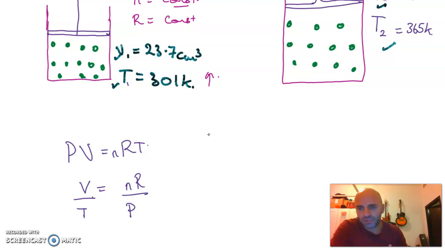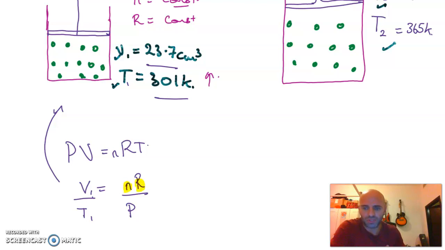Now, if we think about the situation, then in the picture on the left-hand side, the volume, that's volume 1, temperature 1. These are the initial conditions here. We've got 23.7 centimeters cubed and 301 Kelvin. Well, everything on the right-hand side here is constant.